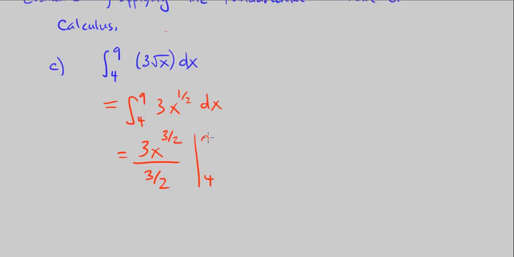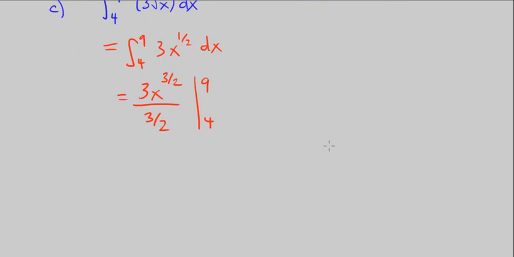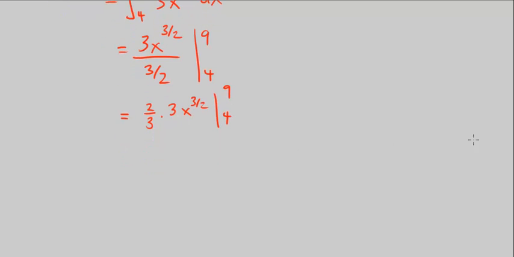Then we go from 4 to 9. The rest is just simplifying and plugging it in. 3/2 in the denominator becomes 2/3 multiplied by 3x to the 3 over 2, still from 4 to 9. 3's cancel, so we have 2x to the power of 3/2 from 4 to 9.